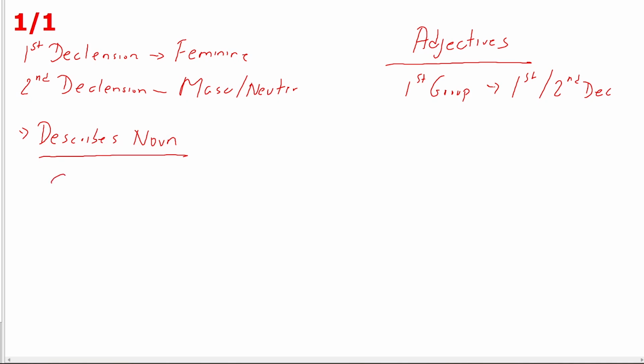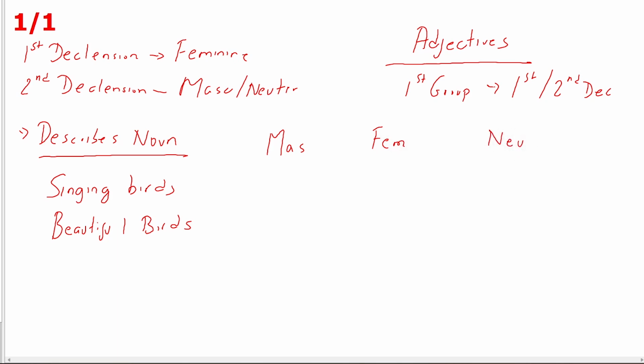Okay, for example, the singing birds or beautiful, etc. So now in Latin, we have all three: you have the masculine, you have the feminine, and you have the neuter.